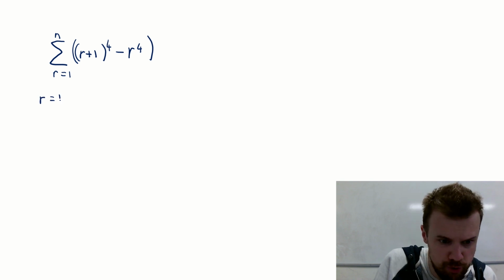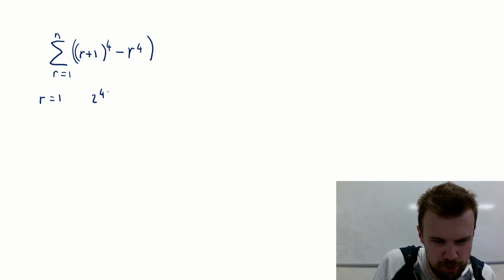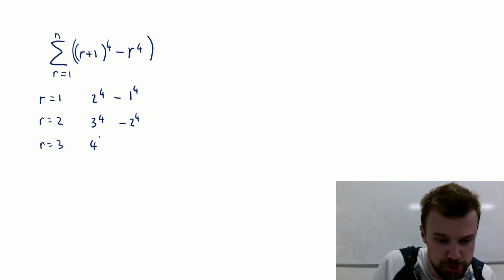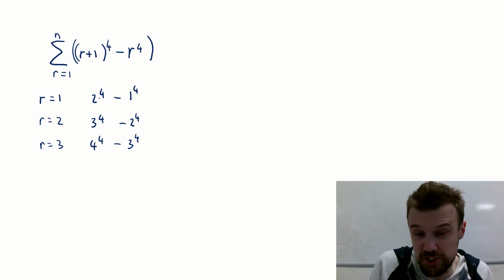So for instance, if we plug in r equals 1, we'd end up with 1 plus 1, which is equal to 2 to the power 4, minus the 1 to the power 4; r equals 2 being 3 to the power 4 minus 2 to the power 4; r equals 3 being 4 to the power 4 minus 3 to the power 4, and that's enough to already start seeing how these terms, or parts of the terms, are cancelling out.